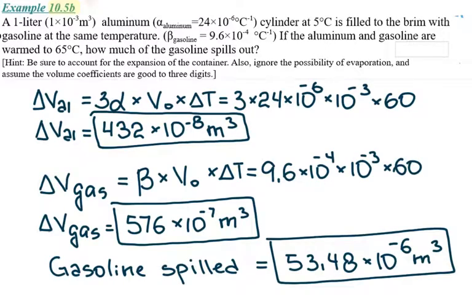So I did the volume change for the gasoline, I did the volume change for aluminum, and then I calculated by how much gas is going to be spilled. I subtracted one from another, and I got 53.48 × 10^-6 meter cubed, or it's the same as 53.48 centimeter cubed, because centi cubed is going to give me 10^-6.